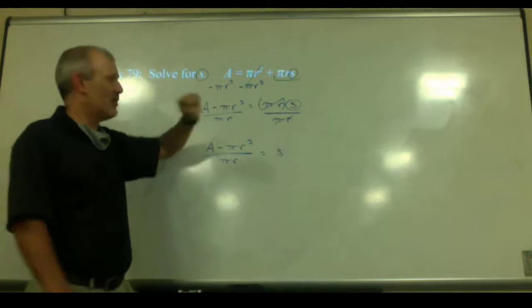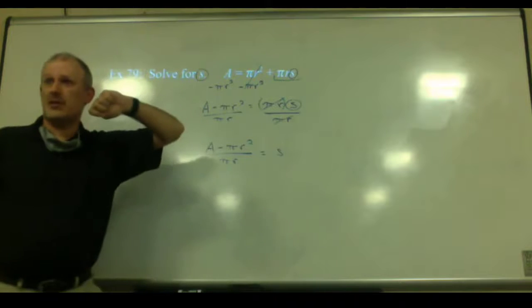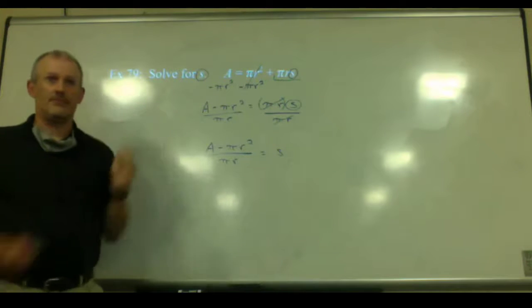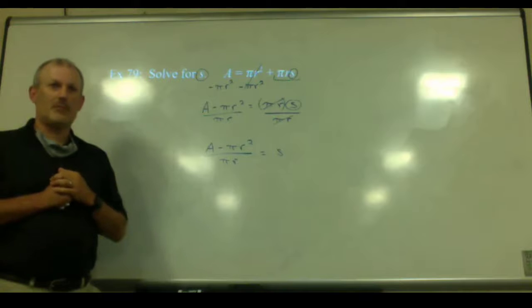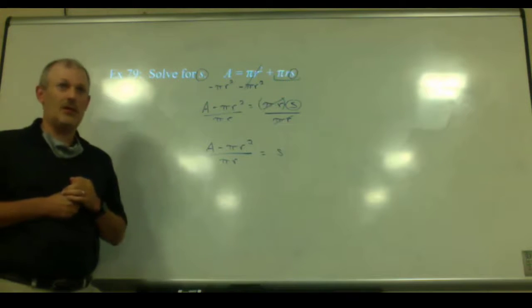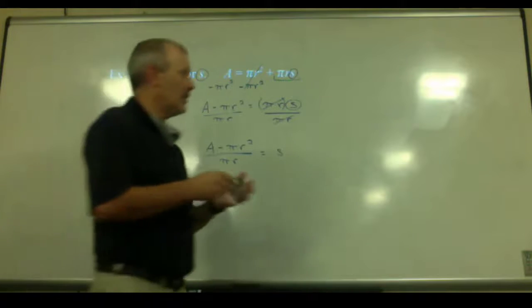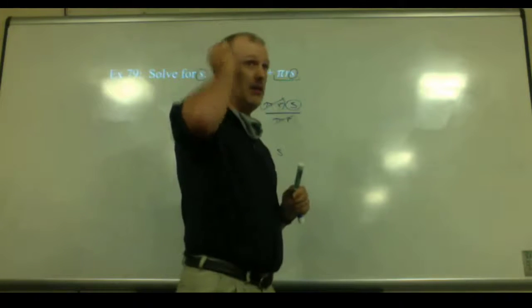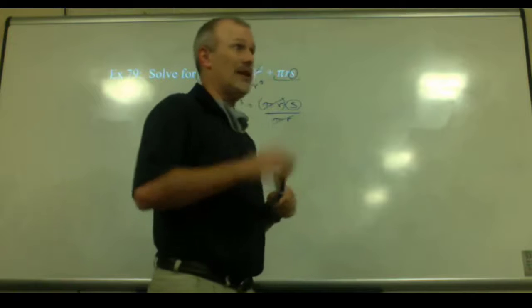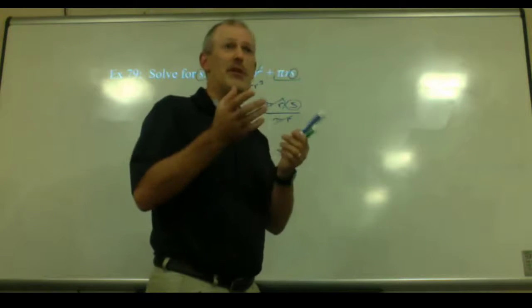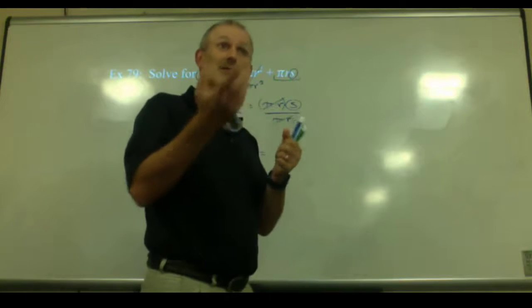But you just have to remember, these things all just stand for numbers. So the pi, the r, and the s, how did we group them? If you remember, back in the first week, we had a property called the associative property.